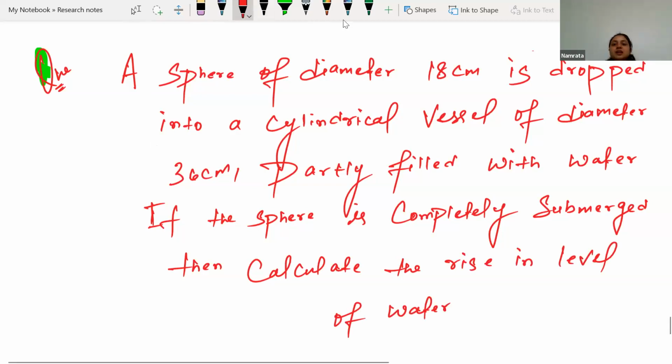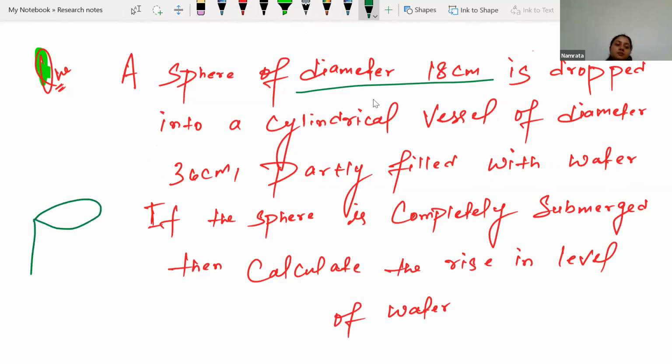Okay, so let's understand the question at first and then we will be solving it. Here the question says a sphere of diameter 18 centimeter is dropped into a cylindrical vessel. So there is a cylindrical vessel, and in that we are dropping a sphere.